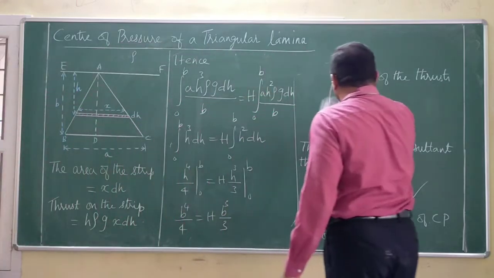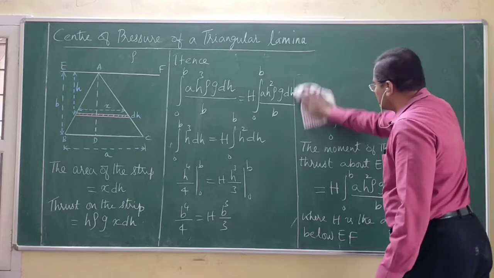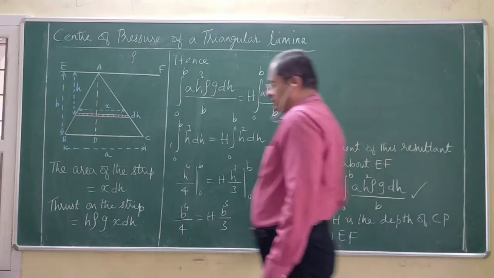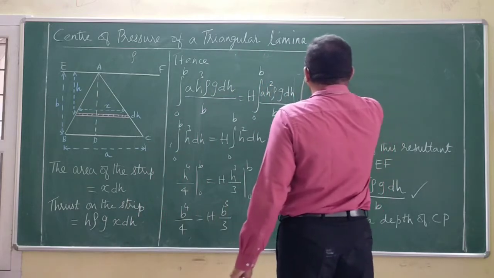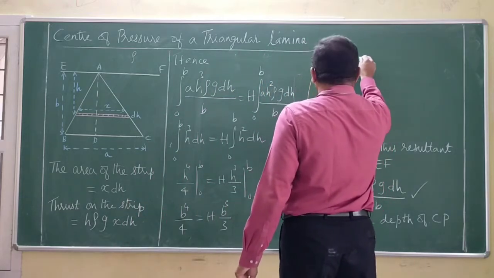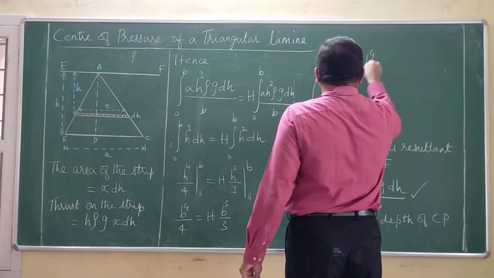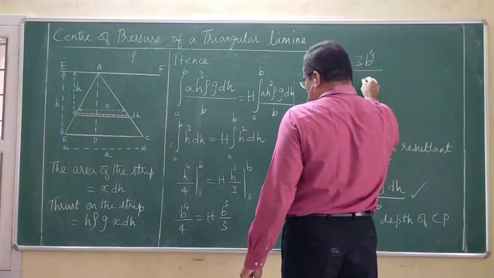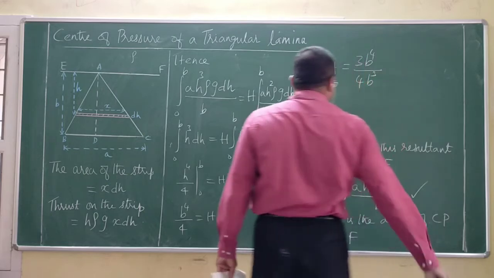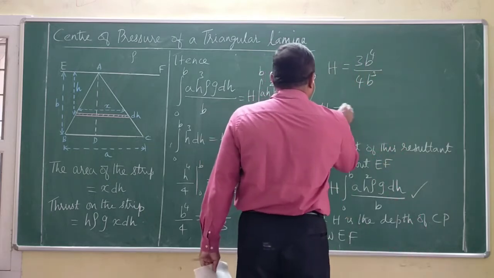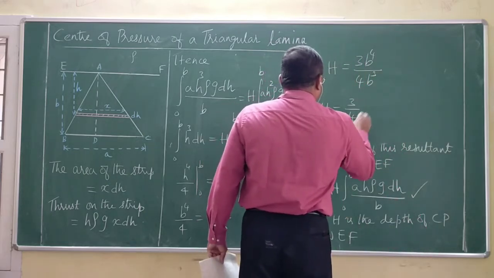Now I'll rub this off. This will give me H equal to 3 b to the power 4 upon 4 b cube. This will give me 3 by 4 b.